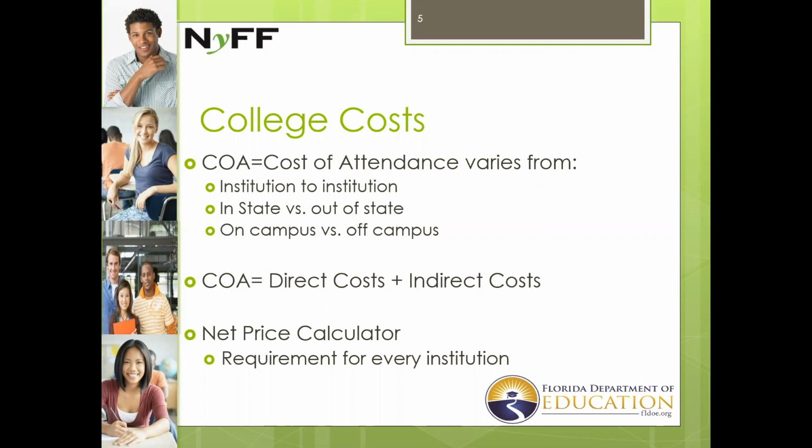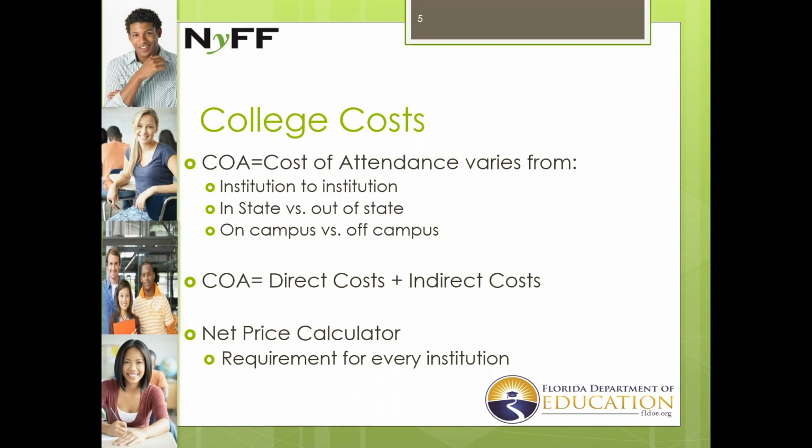So your direct costs, your tuition, plus your room and board are averaged out and put into a figure that you will see listed as the cost of attendance. Each school will have a different cost of attendance based on if you're going to a community college or if you're going to an Ivy League school such as Harvard, if you are considered an in-state student or if you're considered an out-of-state student.